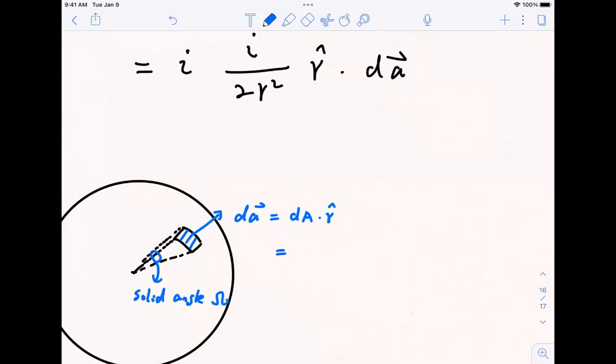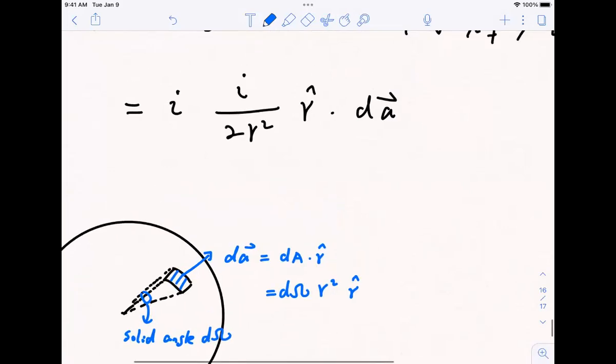Okay, so this is the solid angle, a d solid angle, times r squared. So this is this dA.